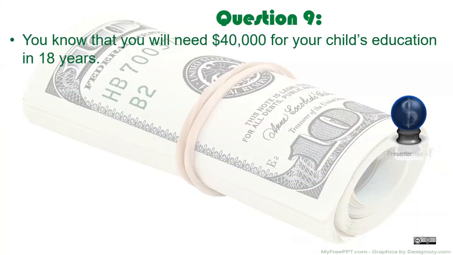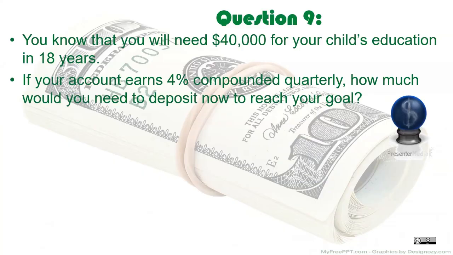In question number 9, you need to know that you will need $40,000 for your child's education in 18 years. If your account earns 4% compounded quarterly, how much will you need to deposit now to reach your goal?